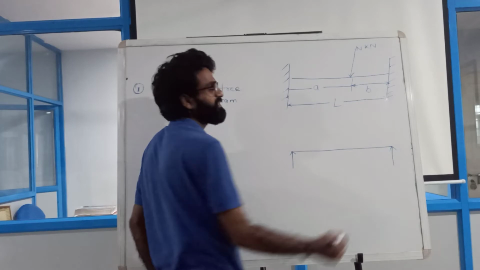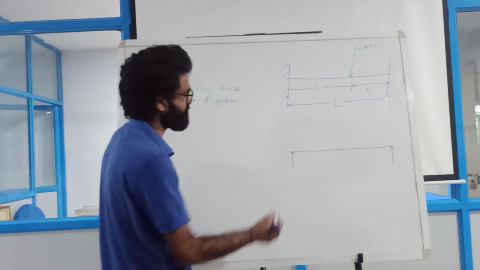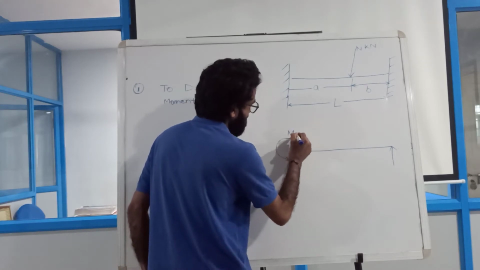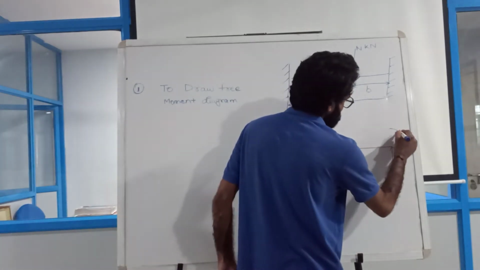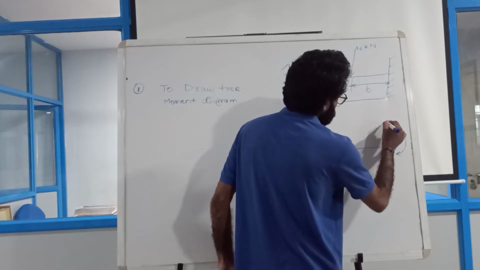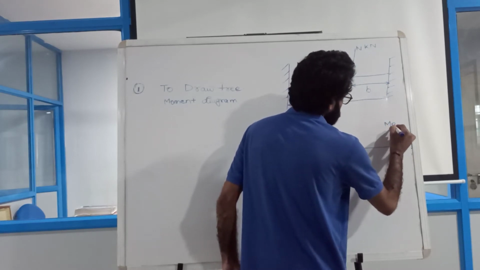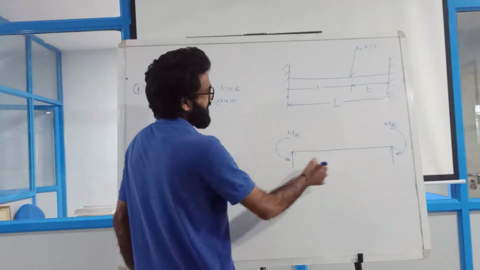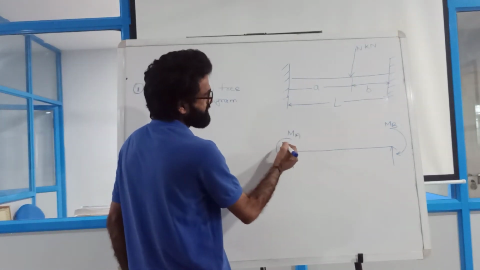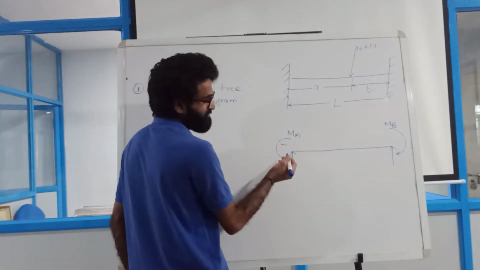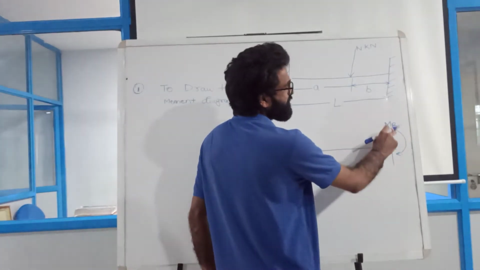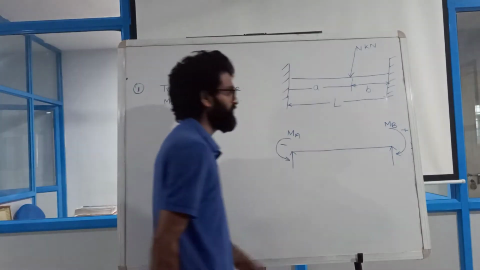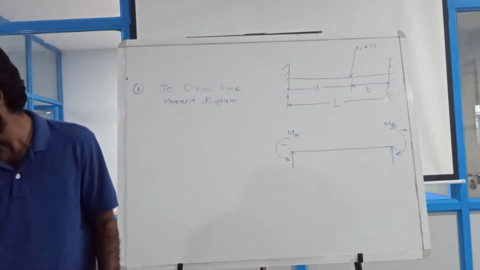Here both sides will be a fixed end, so we will get a moment here. What is that moment? Here it is MA, and here we will get MB. As I told you, my dear friends, the sign for the anticlockwise moment is negative, and this is the clockwise moment, so definitely the sign is going to be positive. I hope you know about this.